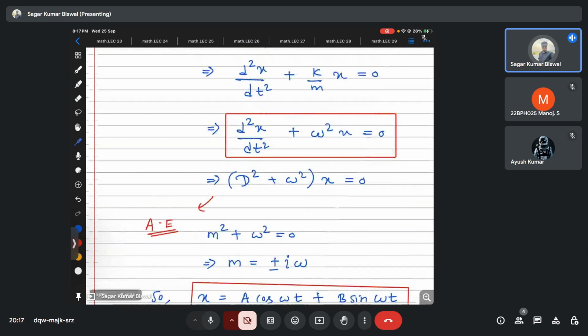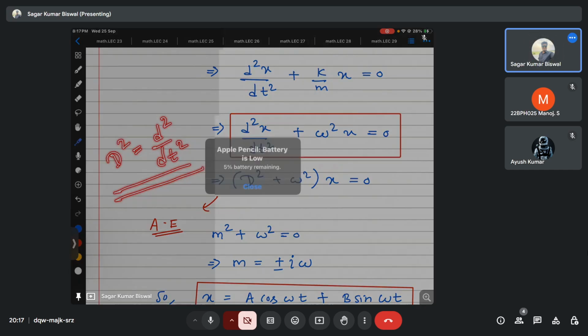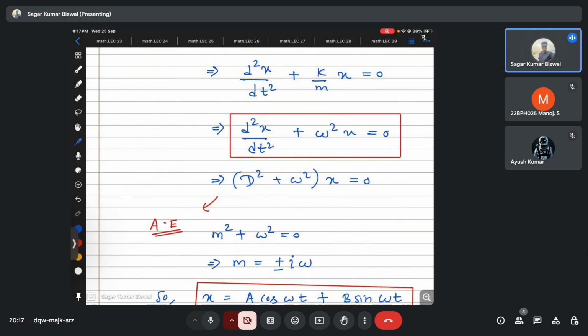So this can be written as D square plus omega square acting on x, right? What is D square? Here D square is the second derivative operator with respect to time, and this is just omega square, right? Now what will be the auxiliary equation?